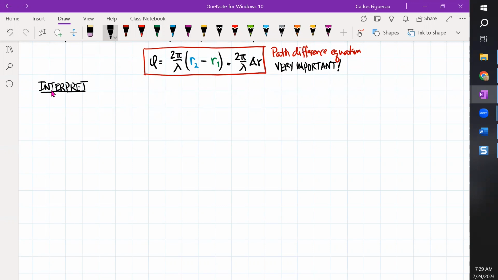Step 1: What path difference is required to cause constructive interference?